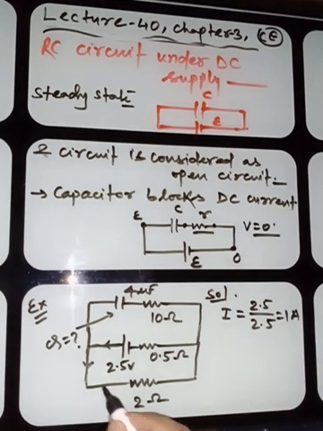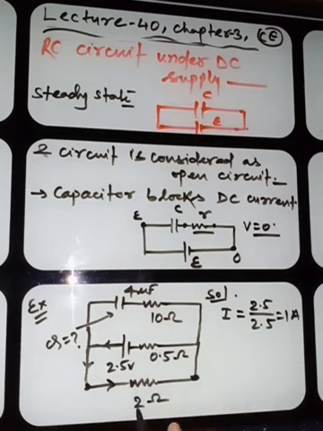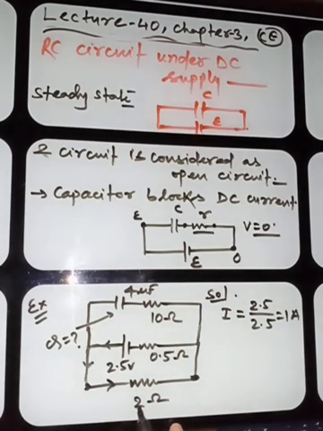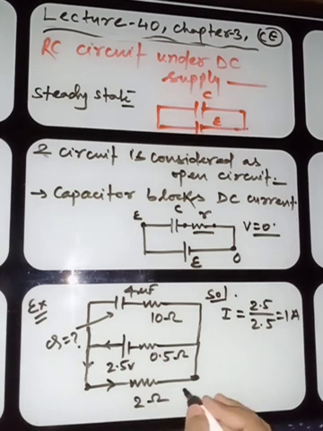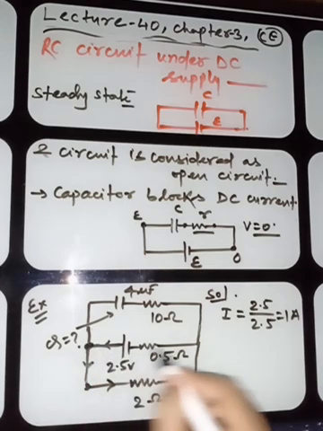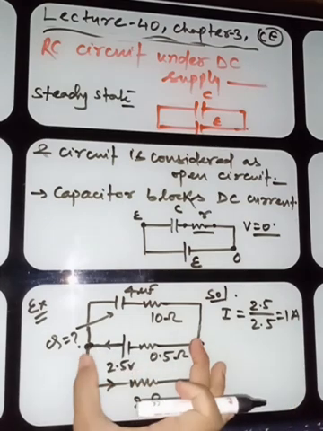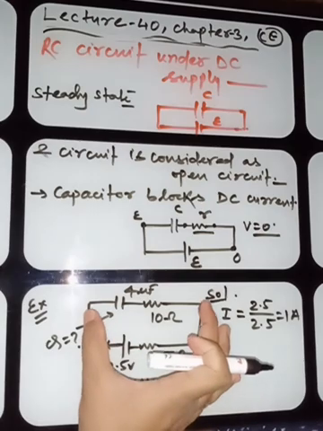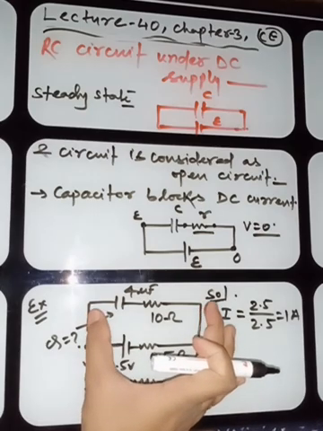Okay, now this 1 ampere is moving across over here. So the 1 ampere goes, what will be the potential across this one? 1 ampere and the 2 ohm resistor, so the potential will be 2 times 1, that is 2 volt. Across this point will also be 2 volt, because both are in parallel, and across this one again we will have 2 volt.